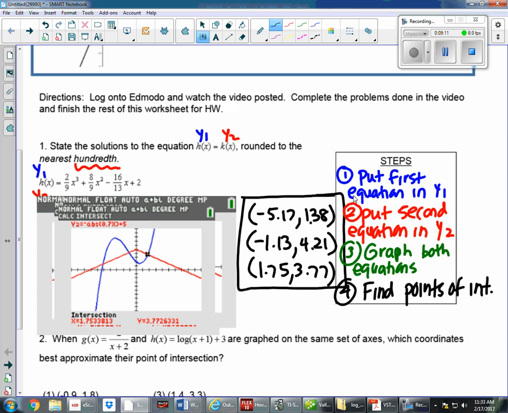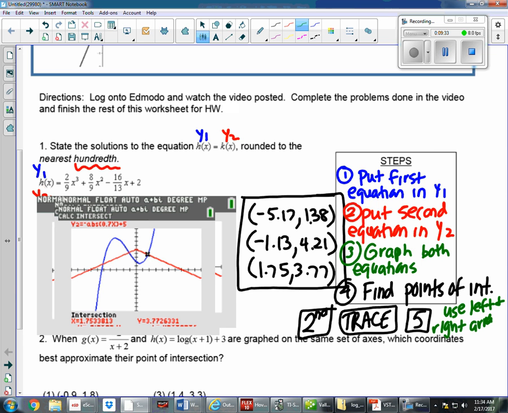And the way we did that was second, trace, choice 5, where we use the left and right arrows to choose the points of intersection.